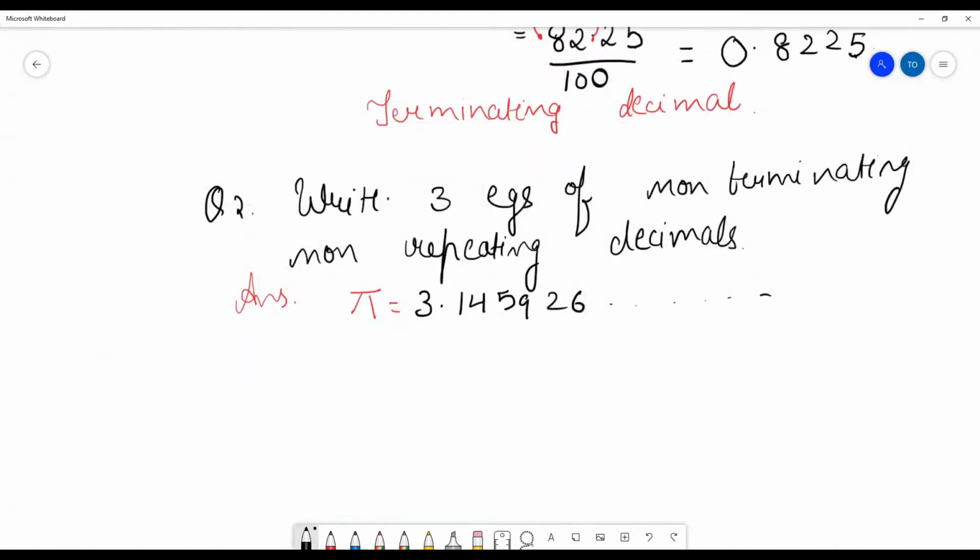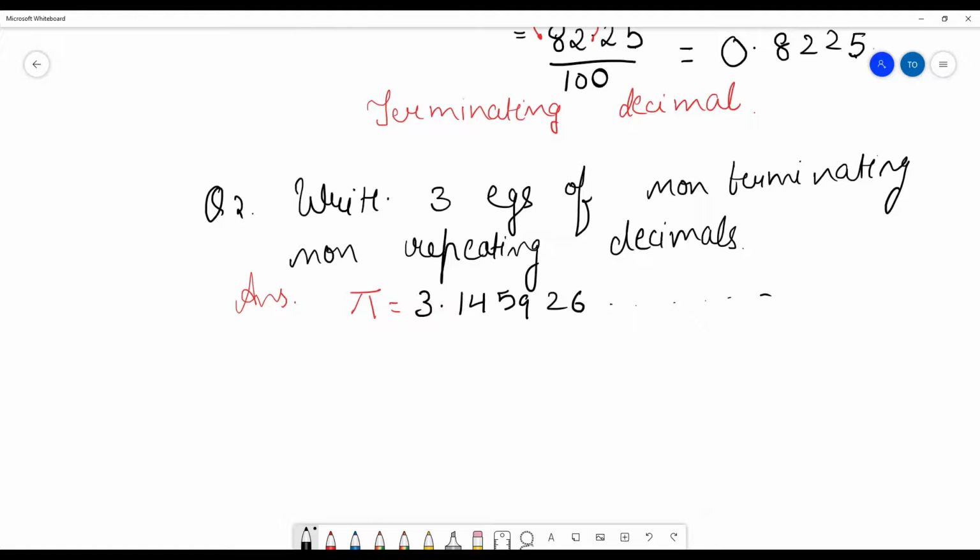Whenever you are asked whether pi is a rational or an irrational number, you can say that we mostly use the value of pi as 3.14 or 22/7.